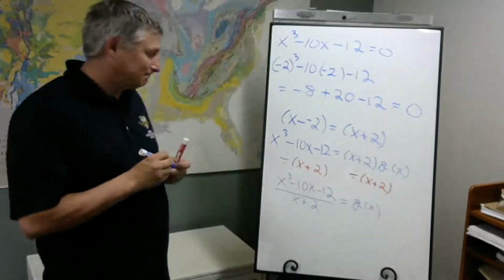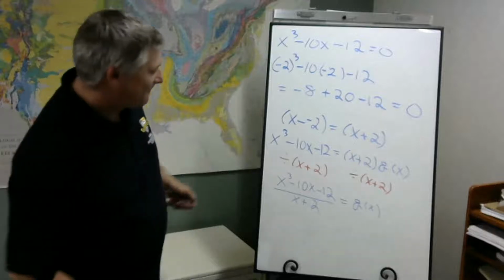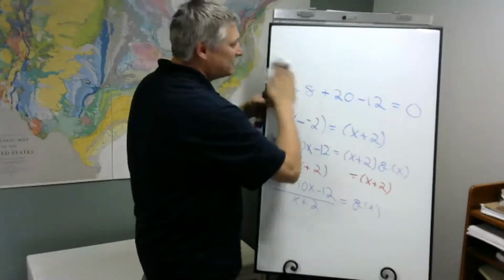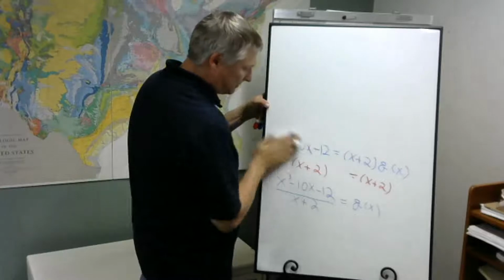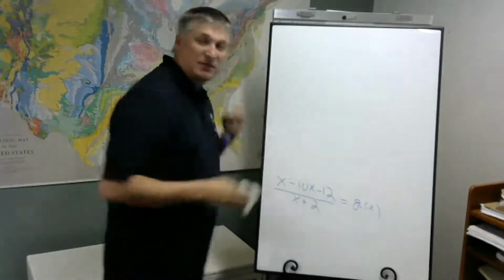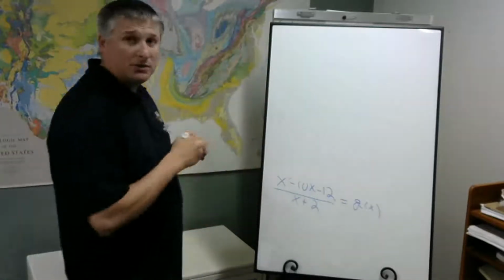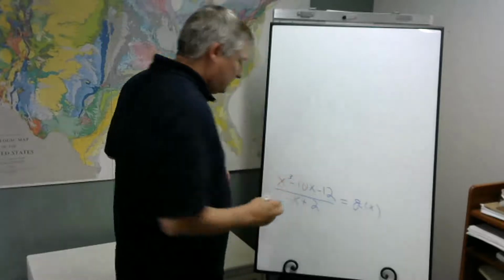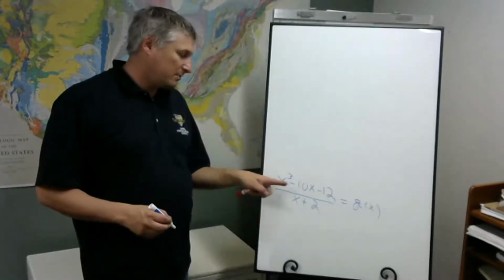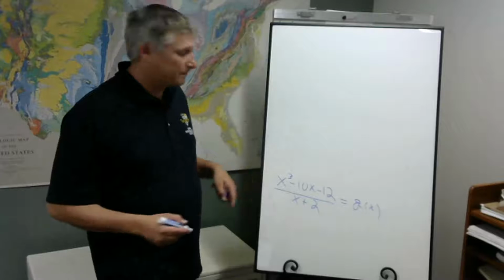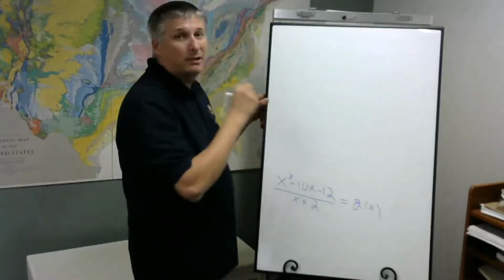And there we go. To do the division, it's recommended, just because it's faster, to use synthetic division. Now, to use synthetic division, though, this isn't standard form, and we are missing an x squared term. So we need to put in a placeholder.